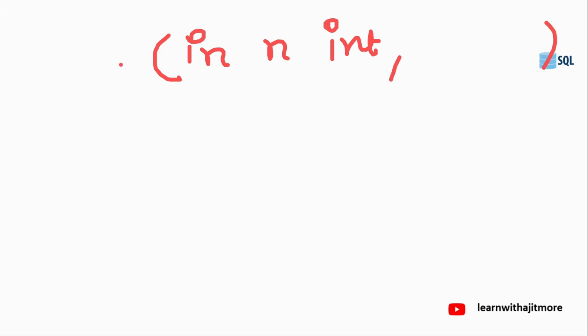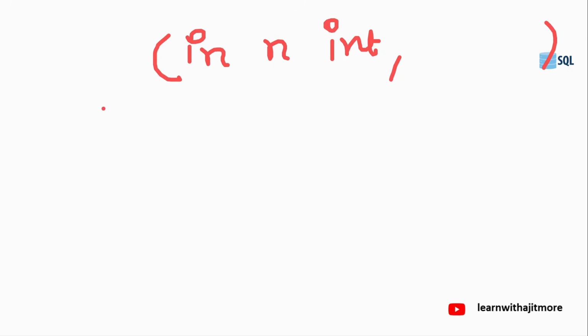Suppose your parameter is of type IN. See here, you're writing IN n integer, where this is the procedure name and everything. Whenever it is an IN parameter, it is going to receive the value from the outside world.